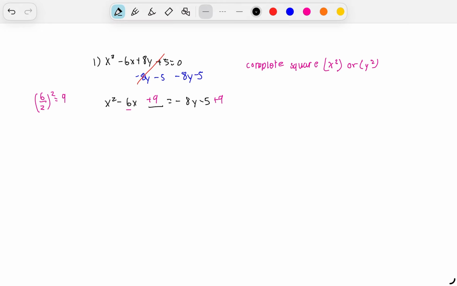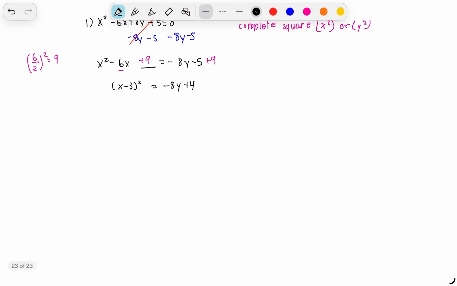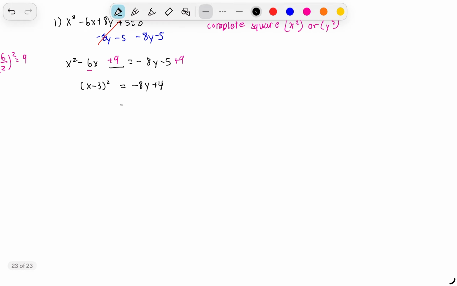Now after this, you can factor. And you can factor the right-hand side as well. We can take out a -8, and you would do 4 divided by 8, which is equal to 1/2.